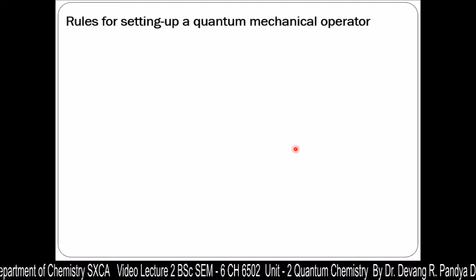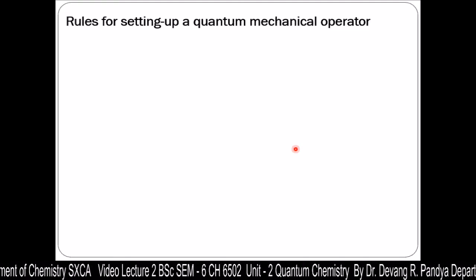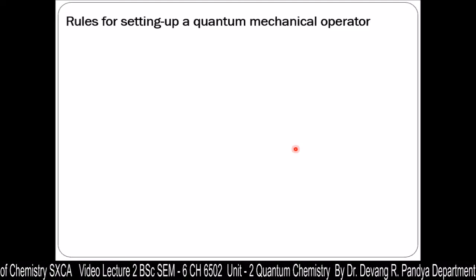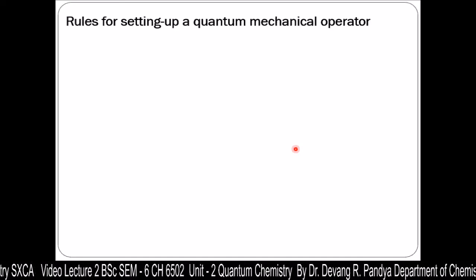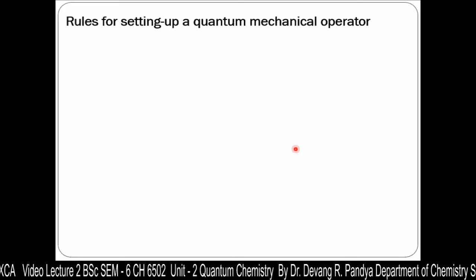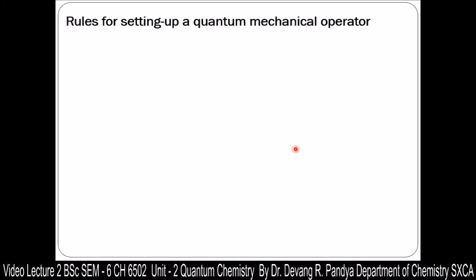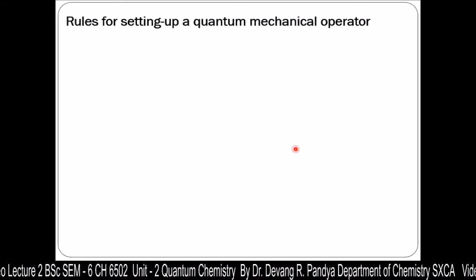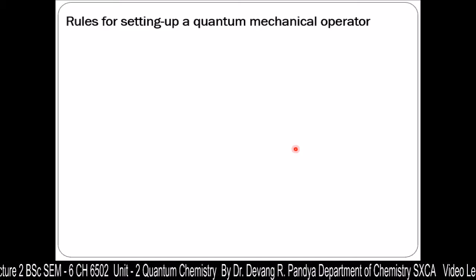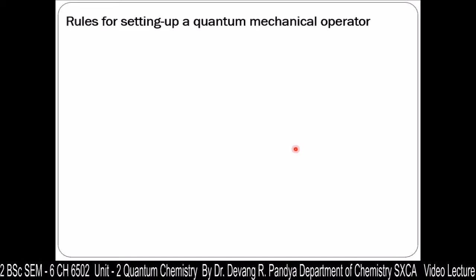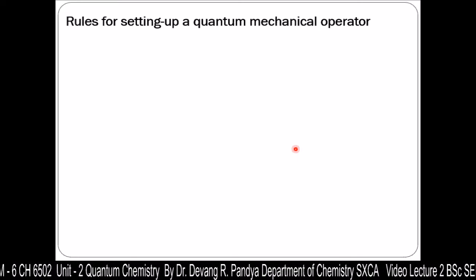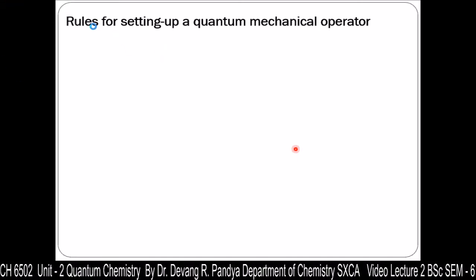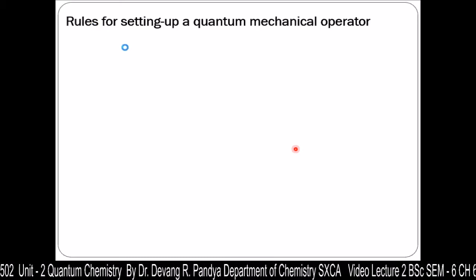Now, the rules to set up this quantum mechanical operator. Each physical variable has a specific quantum mechanical operator, so to represent that, we can show here the different rules associated with it.